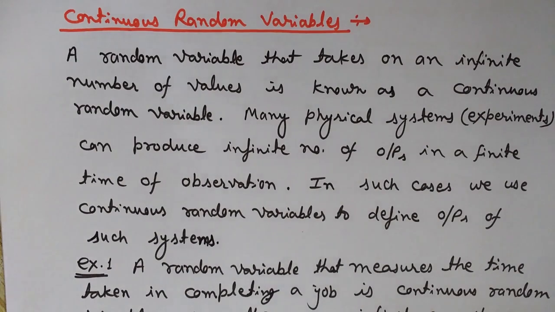Okay, somebody wants to perform a job, then he can complete this job in different time intervals. Suppose I want to fill a tank, then somebody can take 2 hours to fill that tank, and the same person can fill this tank in different time intervals. Okay, he can take different times to fill that tank.